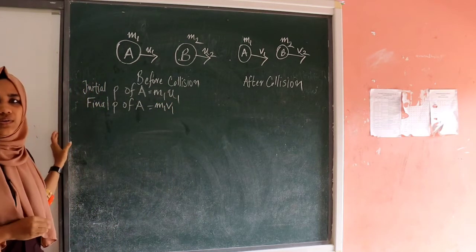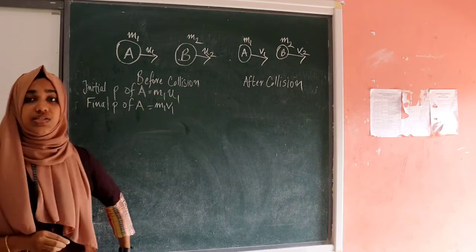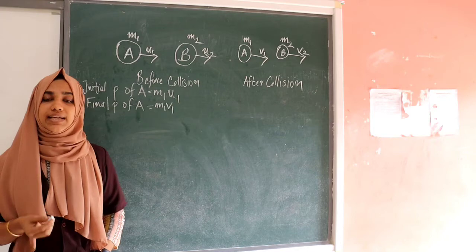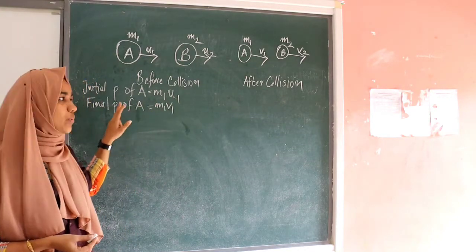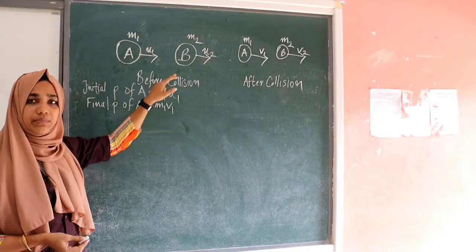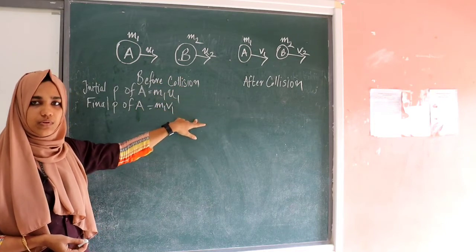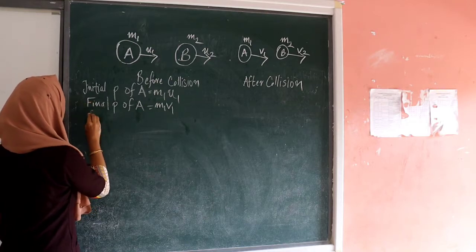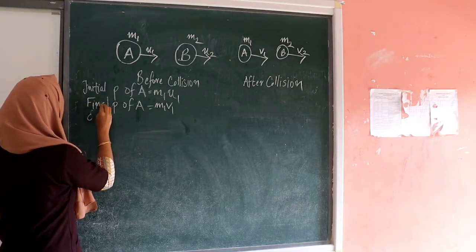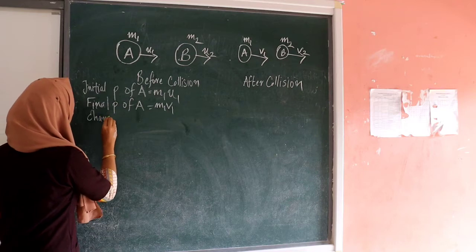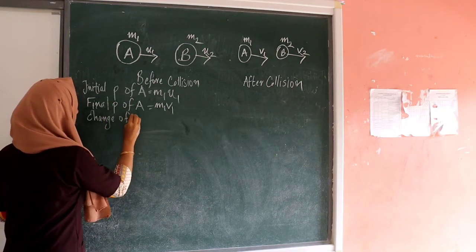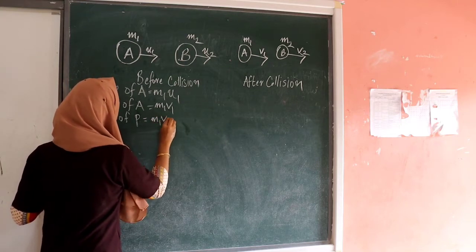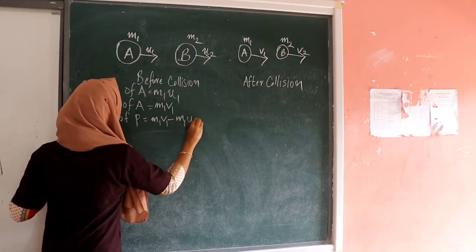Then we want to find the change of momentum. How can you find the change of momentum? That we studied earlier: MV minus MU, that is, final momentum minus initial momentum. Then the change of momentum is M1 V1 minus M1 U1.